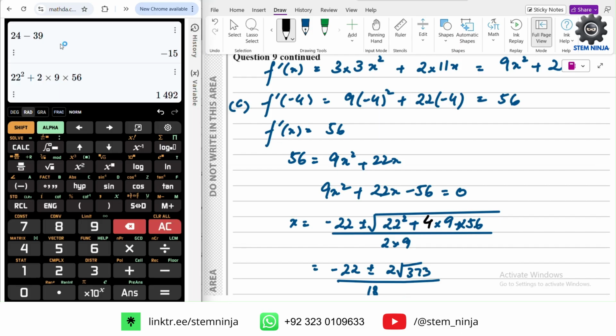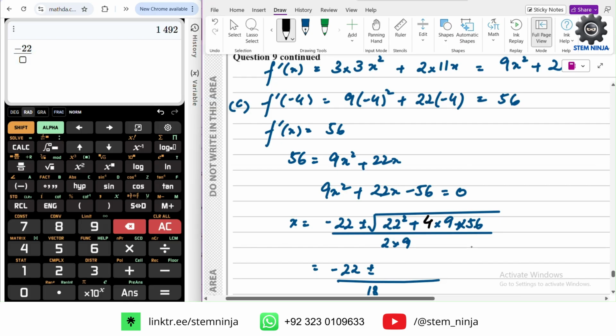So going back, okay, this is gone. Okay, never mind, I can rewrite it. So this one is incorrect.